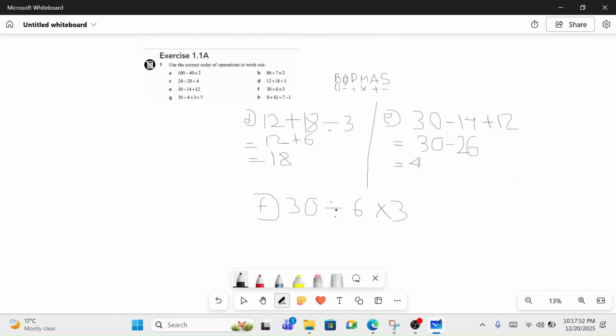So first we have division here, so we'll work with division. So 30 divided by 6 is 5, times 3, which is 15. Okay, this is done.